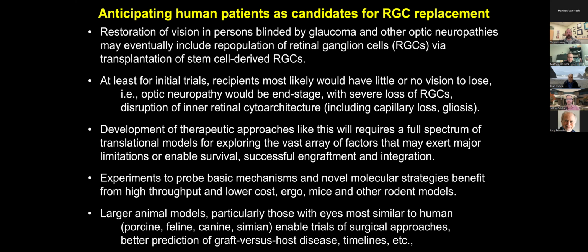For that reason, we initially started our work in this field using a rather advanced stage of experimental glaucoma in non-human primates, thinking that this would be the most translationally representative or sensible stage to begin with, mimicking the type of eyes in human patients that we would be seeking to transplant.